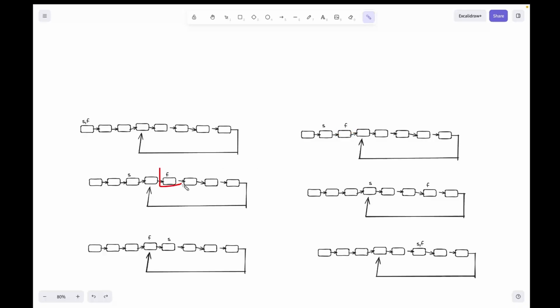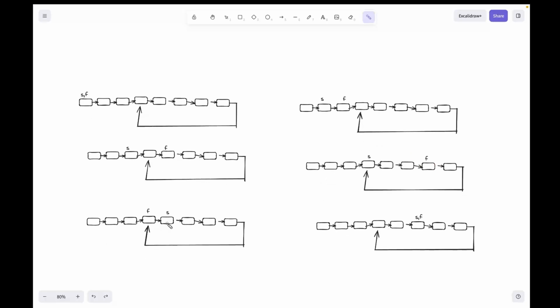My fast moves by two, slow moves by one, from this node to this node. Again, we did the same. My slow moves to here, my fast moves from this node to this node. Again, my slow moves from here to here, and my fast moves from this node to this node. So they are meeting at some node, which means we got the cycle.